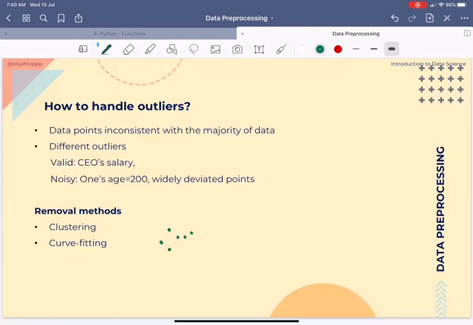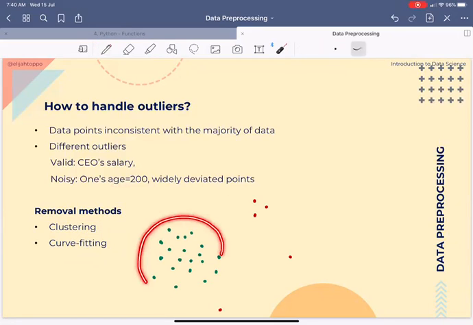If the majority of my data belongs close to each other, and some of my data points are very far, then clearly for our analysis, this would seem like majority or normal data, whereas this would seem like outliers or variations in the data. And because of this, we may choose to say that data points that do not fall inside this cluster, we have to deal with them.